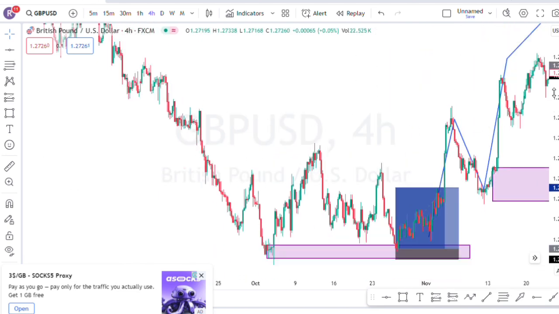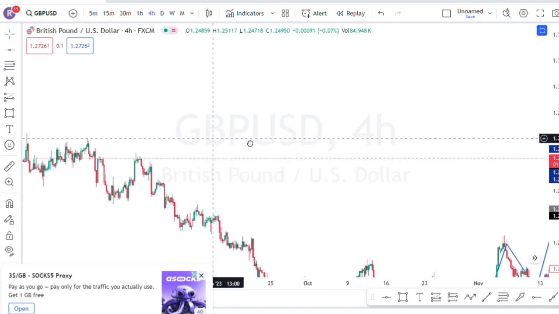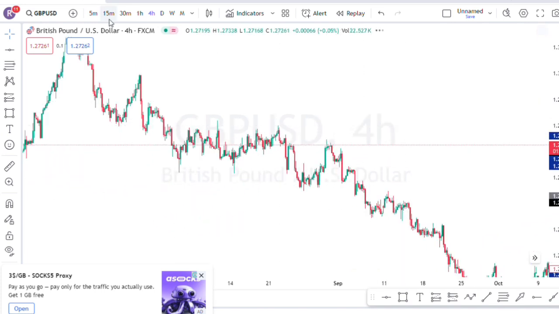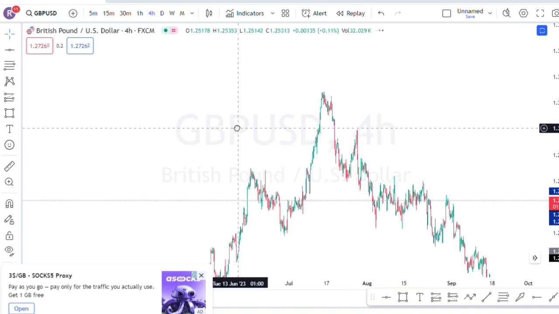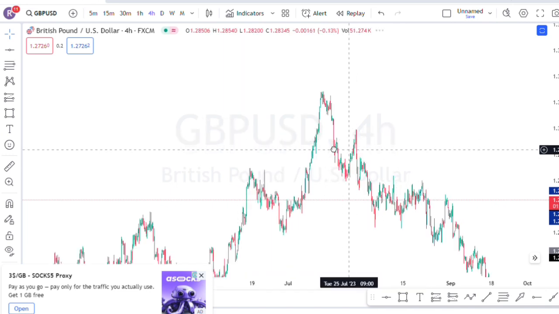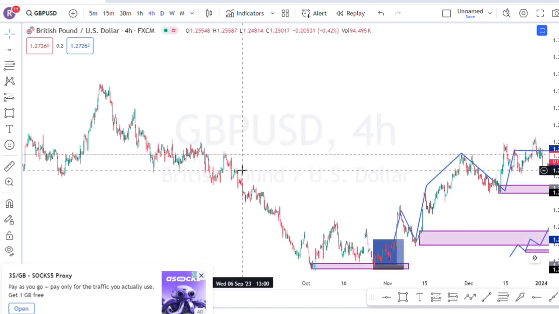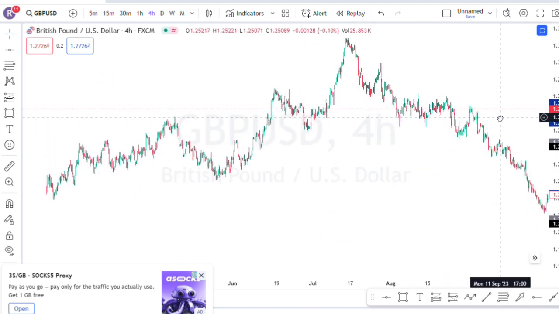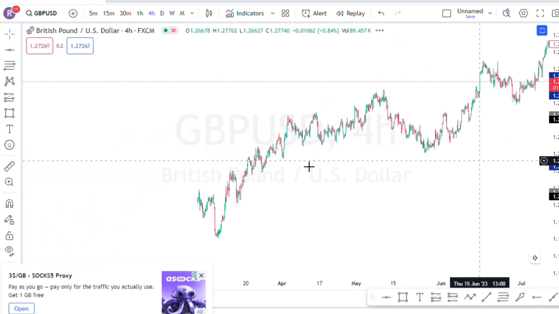So let's look at a supply zone in the market. Of course, this works perfectly in all time frames. I'm just showing you on a 4 hour because it's not a real market example.